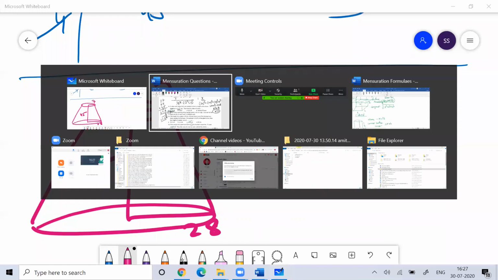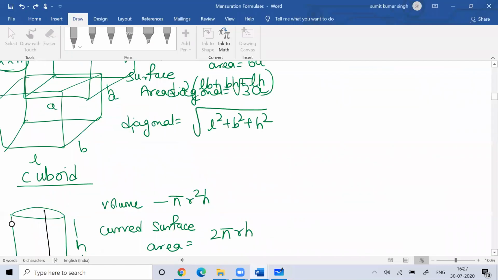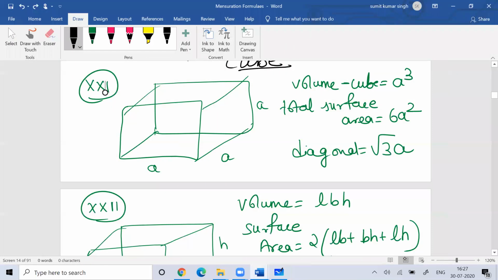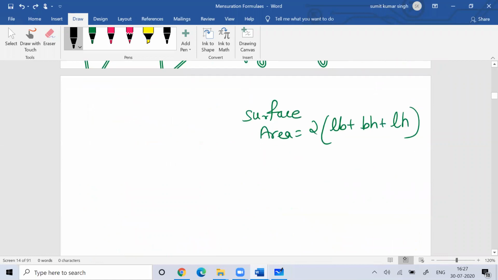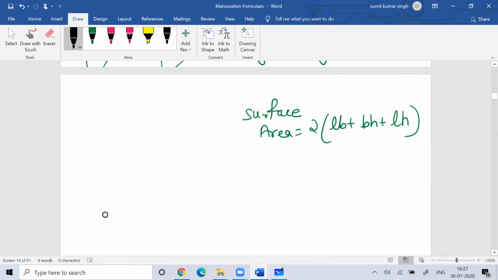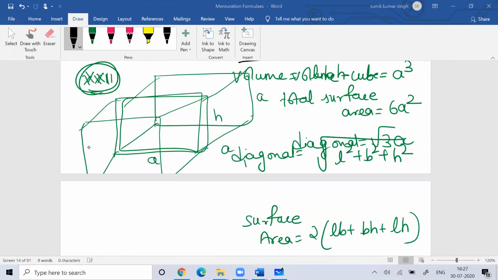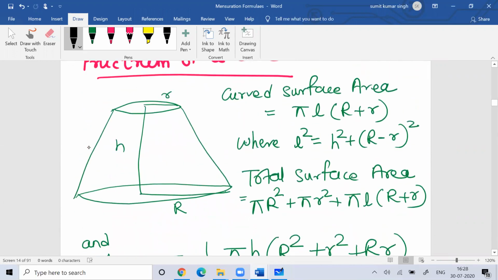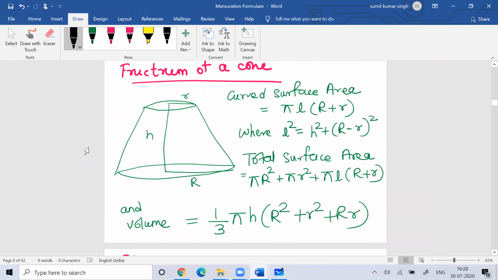If you talk about frustums, you should know the formulas for a frustum.